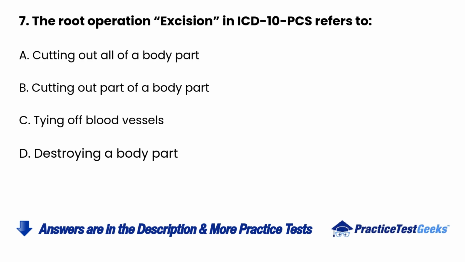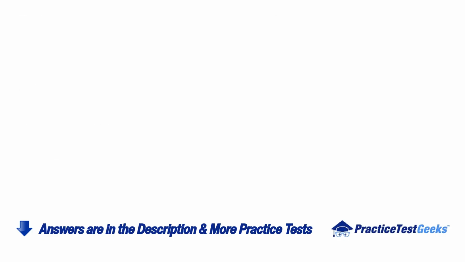The root operation excision in ICD-10 PCS refers to A. Cutting out all of a body part, B. Cutting out part of a body part, C. Tying off blood vessels, D. Destroying a body part. 8.